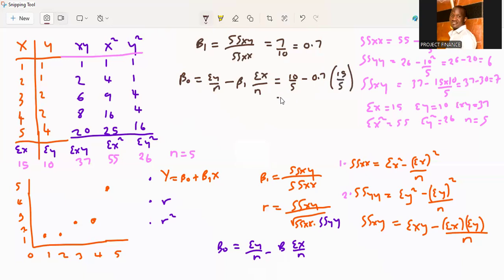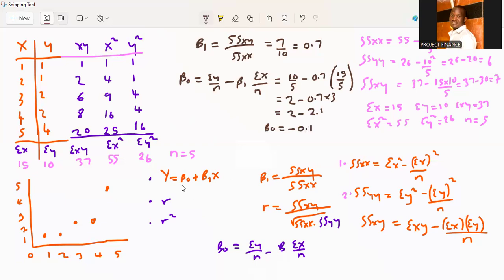So this will be 2 minus 0.7 times 3, which is 2 minus 2.1. Meaning our b0 will therefore be negative 0.1.